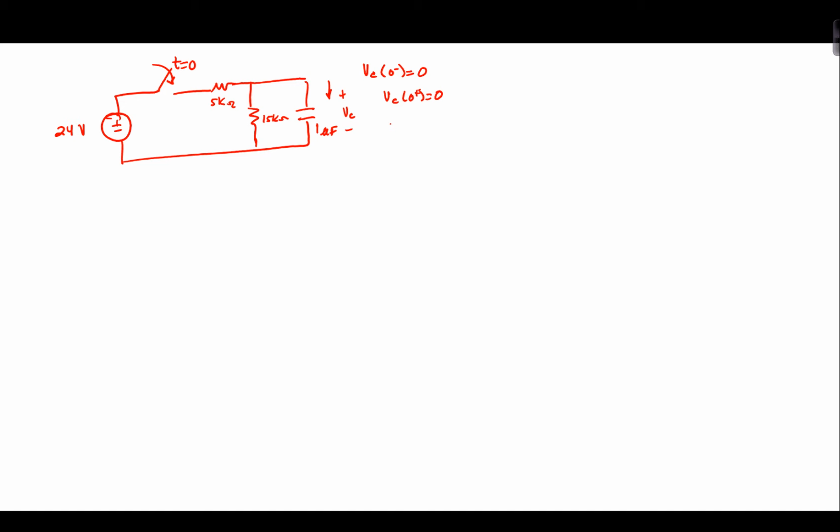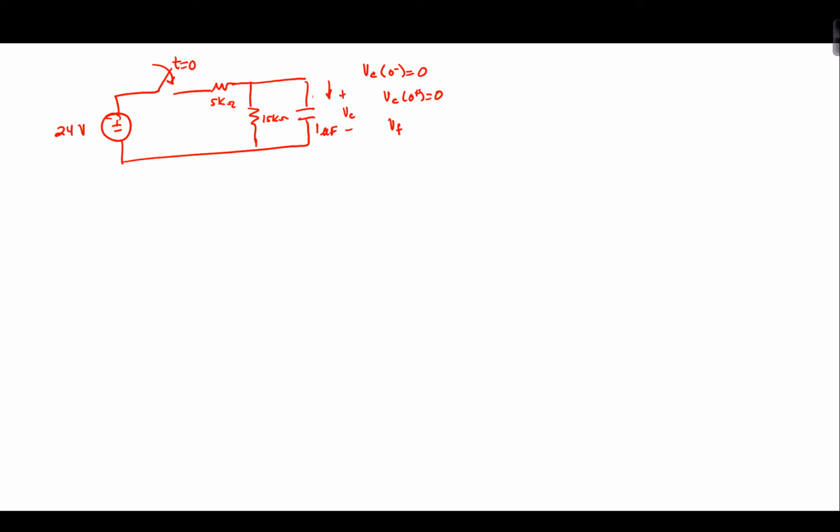Now, V final, a little more complexity here. What will this capacitor charge up to? Well, it's going to charge until there's no more current flowing through this capacitor. It's going to charge until this capacitor is effectively an open circuit, meaning there's no current flowing through it.